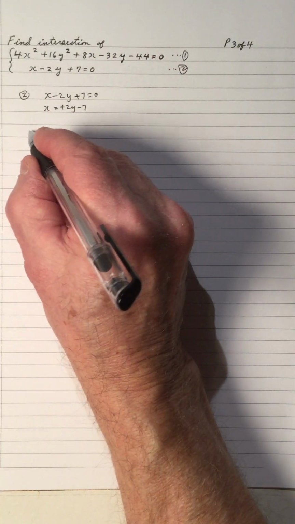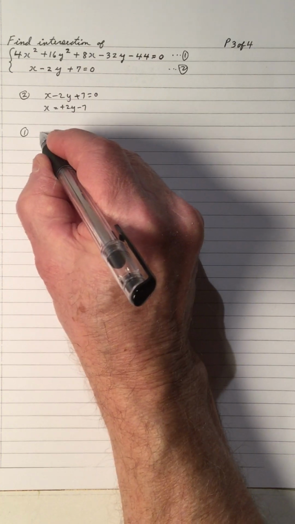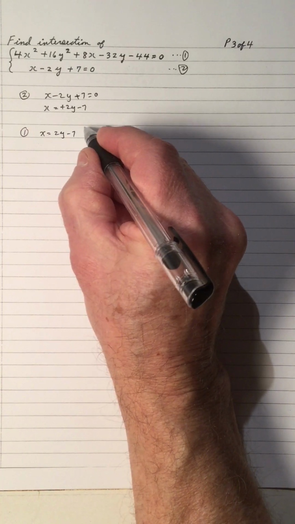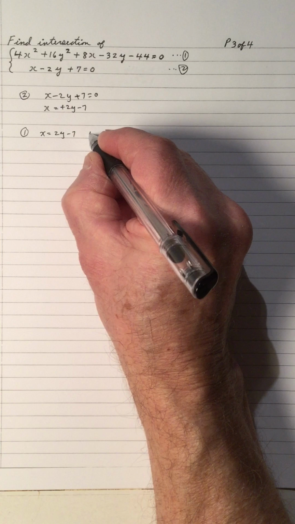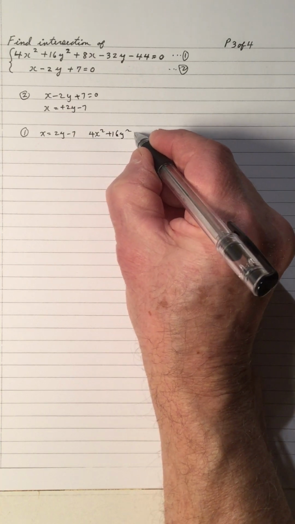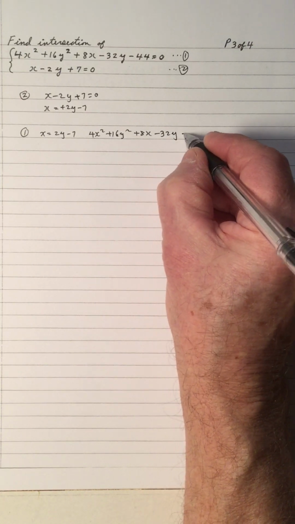So now we're going to sub x into number 1. So we'll write down the number 1 equation, which is 4x squared plus 16y squared plus 8x minus 32y minus 44.